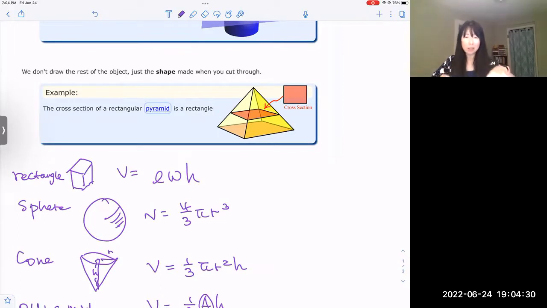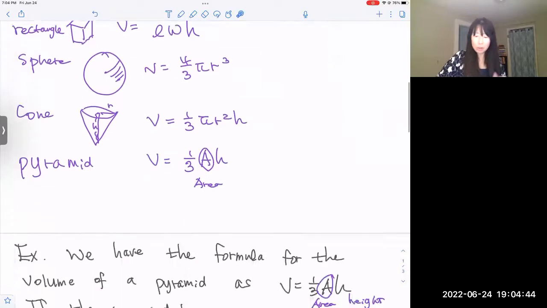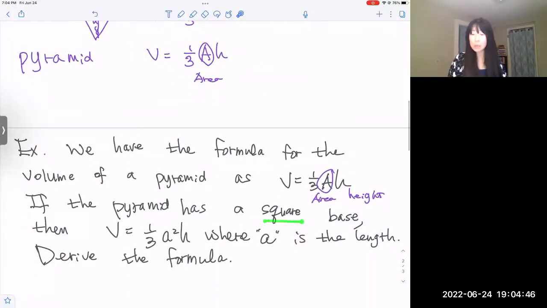Inside here it looks like a rectangle, but here it looks like a square, right? So look, in this problem they say square base, right? Okay, now square base, so we can find the area of a square.